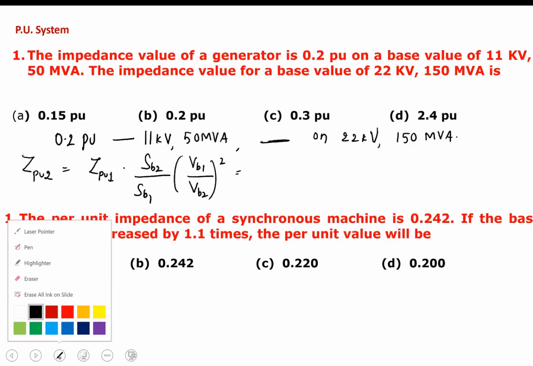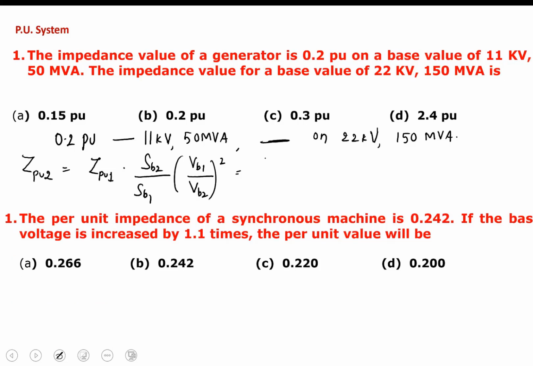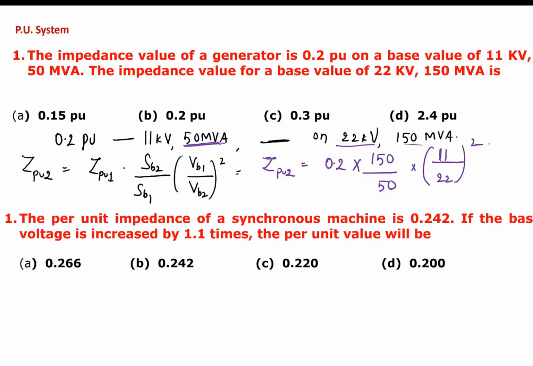So if you substitute in this formula, Z per unit 2 is equal to, the old per unit value is 0.2, the new base MVA is 150, old base MVA is 50 because it was previously calculated on 50, now we are calculating on 150, so 150 by 50 into the old base voltage is 11 kV, now the new base voltage is 22, whole square.